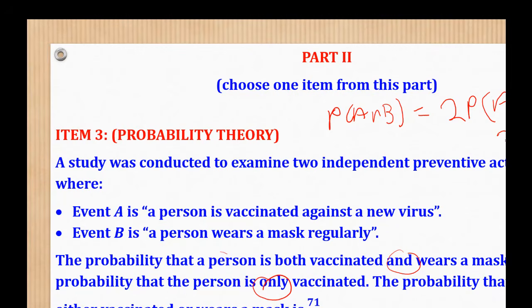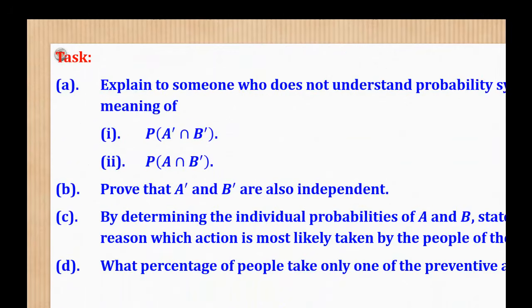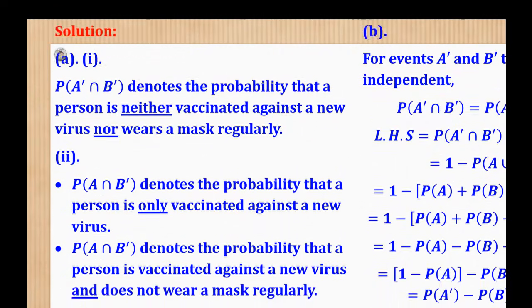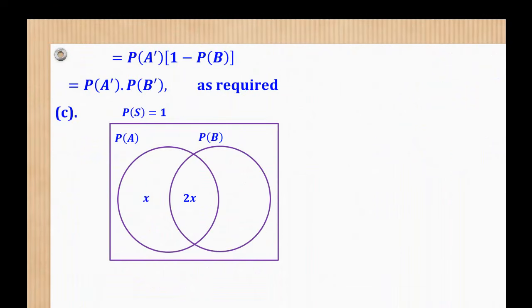That means that if probability of A only is X, then this one will be 2x. That's why we put 2x here. We put 2x on the intersection.